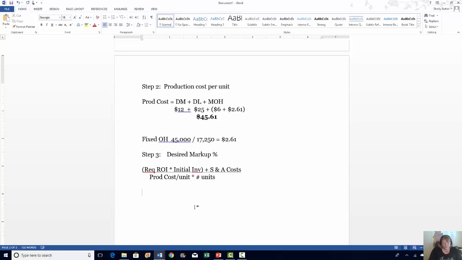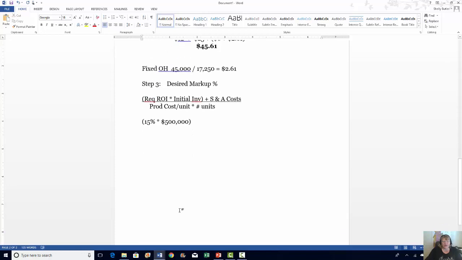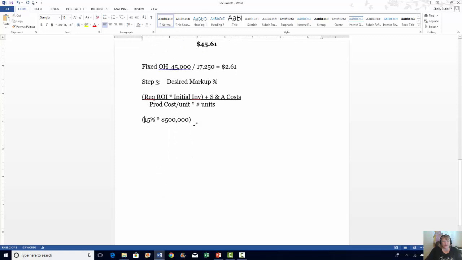So our required return on investment is 15%. And our initial investment is $500,000. Plus our S&A costs. And now we need to come down here and figure out our S&A costs.